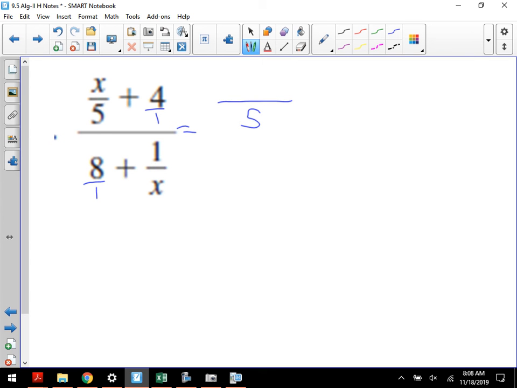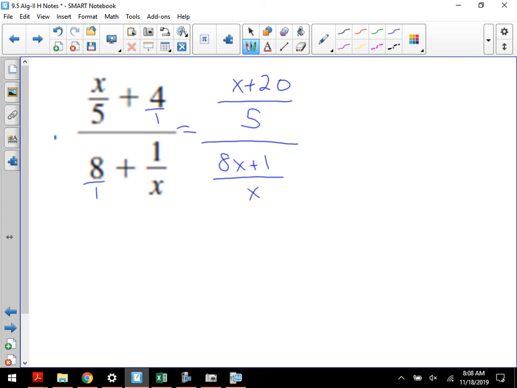So you wind up with x plus 20. And this one becomes 8x plus 1 over x. Right? Fraction divided by fraction means I'm multiplying by the reciprocal.